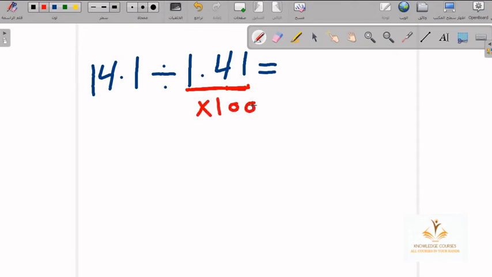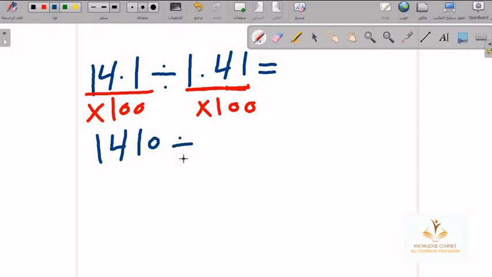When we multiply the divisor by 100, we must multiply the dividend by 100. So that's equal to 1410 divide 141. So this equals 10. This is the result.